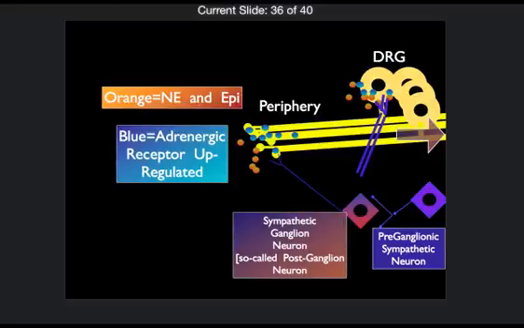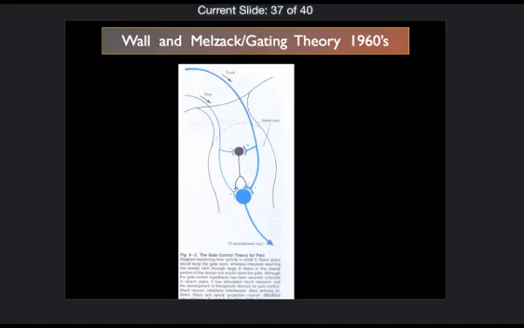And what this is saying is that circulating, if not aberrant, regenerated postganglionic fibers can come up and emit their catecholamines around a nucleus that now has increased receptors.